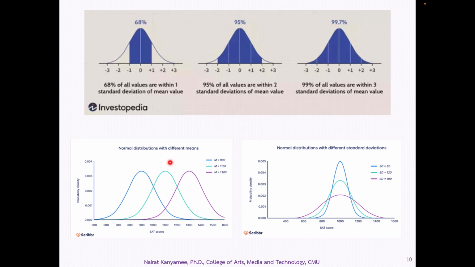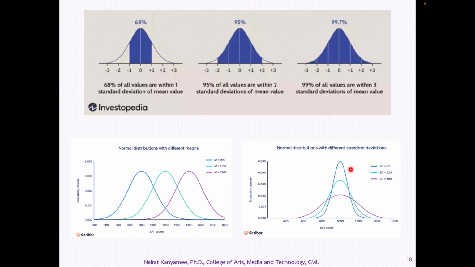These are normal distributions with different means. Different means mean your mu shifts, but they still have the same spread, a similar curve shifted to the right. In this other picture, the mean stays the same across the three sets of data, but the standard deviation is different. The purple one has a greater standard deviation, meaning the data is spread out more than the blue curve.